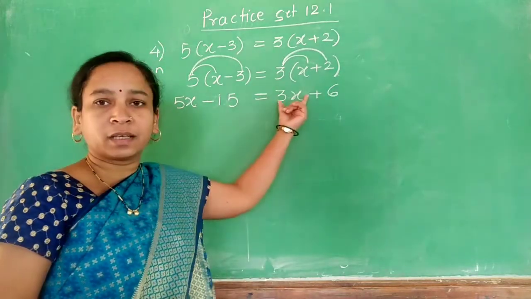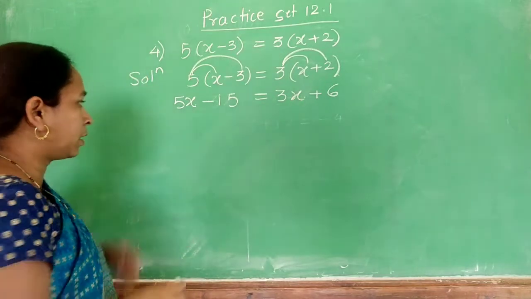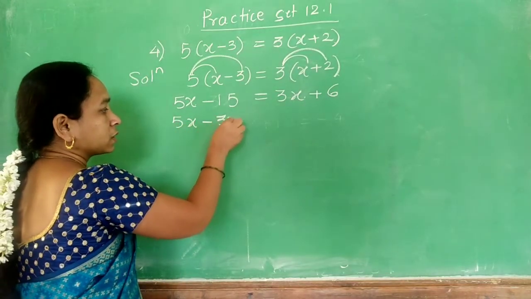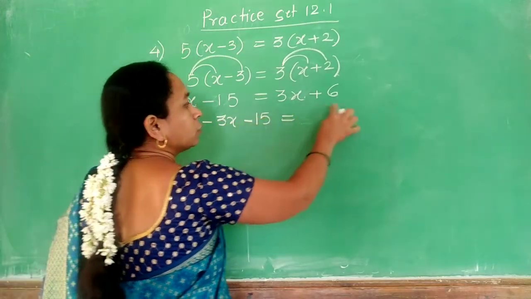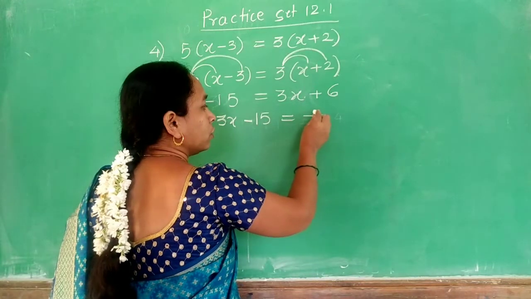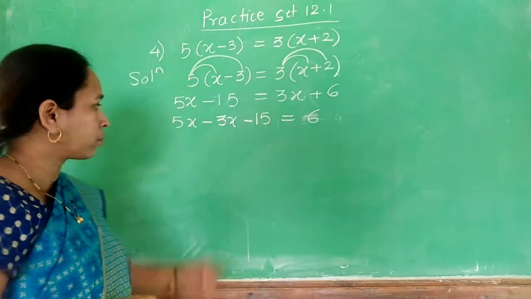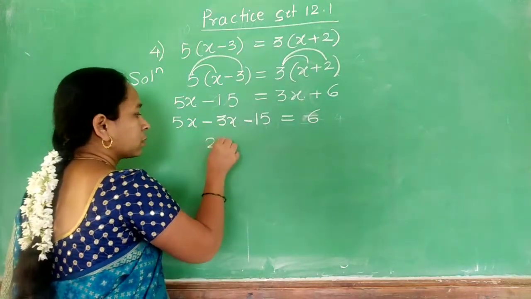Again both the sides there are variables, take them together. So 3x I will bring it here. So 5x minus 3x minus 15 is equal to 6. 5x minus 3x is 2x.